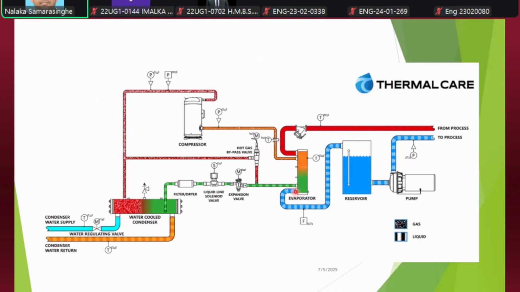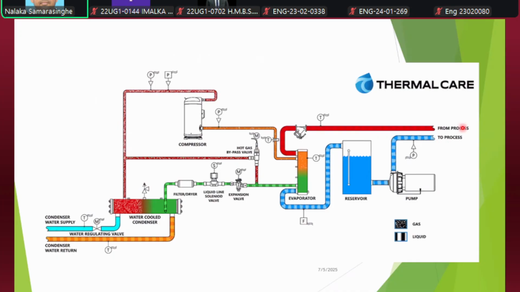Once it is cooled, usually to a temperature around 6-7 degrees Celsius, it goes again into the process. The process means you are supplying this cooled water into air conditioning units.